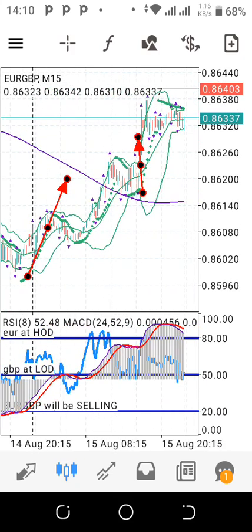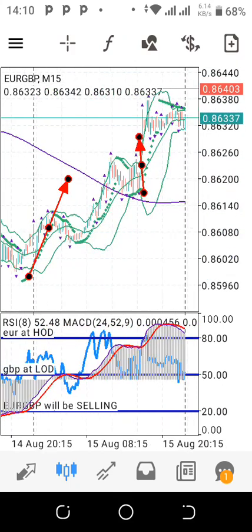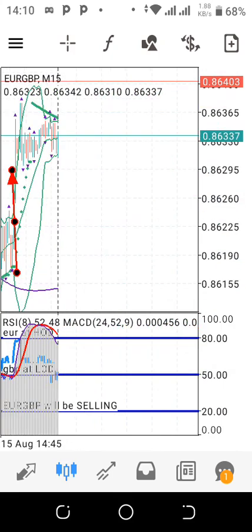So after this first push, then you see a pullback that happened there. You see, this is a pullback that happened.